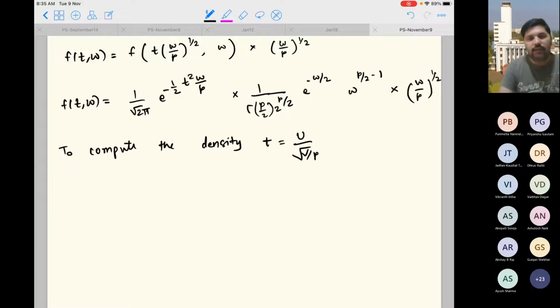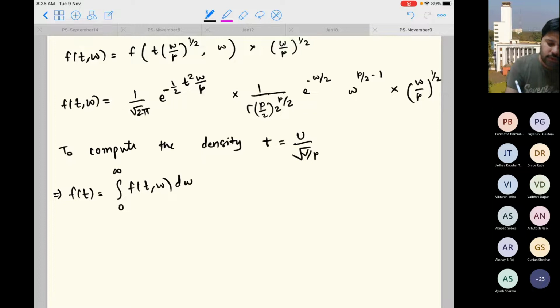So if there is a joint density in T and W, you want to compute density of T, you find out marginal density of T by integrating over W, right? So that's what I'm going to do. So this implies Ft is actually equal to integral 0 to infinity f of Tw dW, right? So I am just finding out the marginal density.